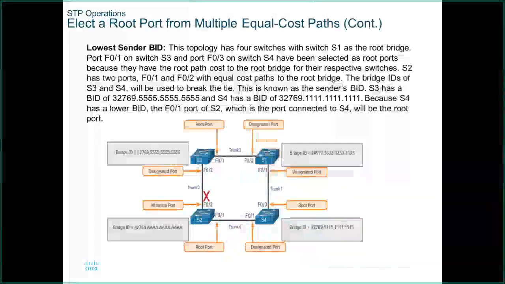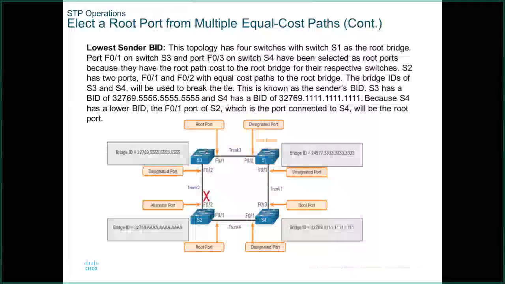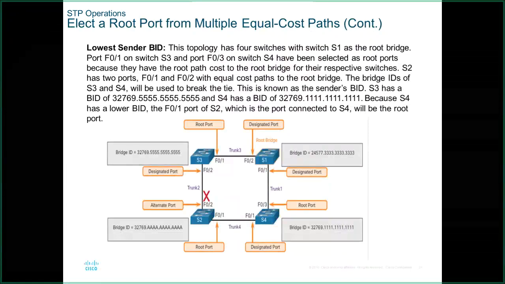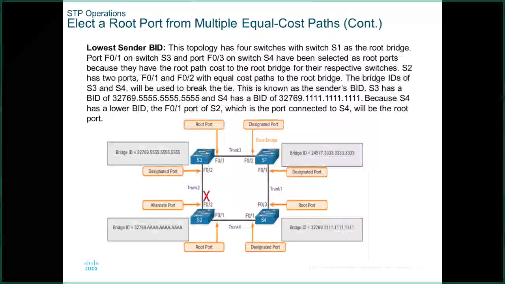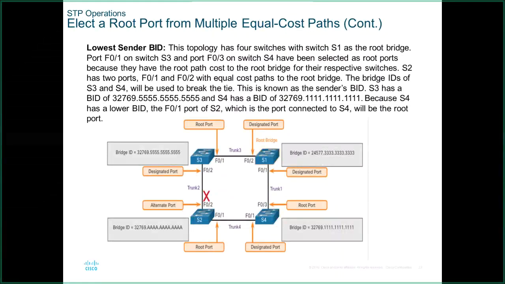So when we're looking at the loop, we have a look at where we are in the network. In this example, they changed from 3 switches to 4 just to make life different from all the other examples.